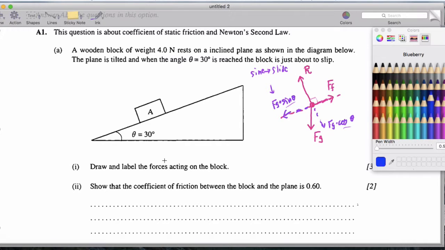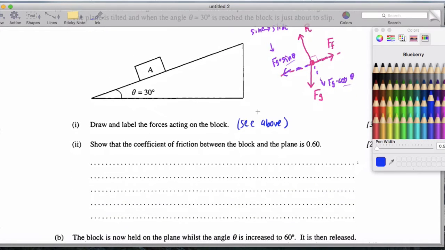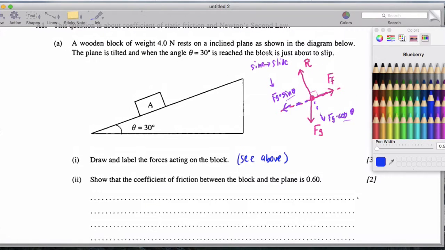Now, we just did part 1. Now it says, show that the coefficient of friction between the block and the plane is 0.6. Let's set up our equations. So it says the block is just about to slip. Let me switch back to orange.